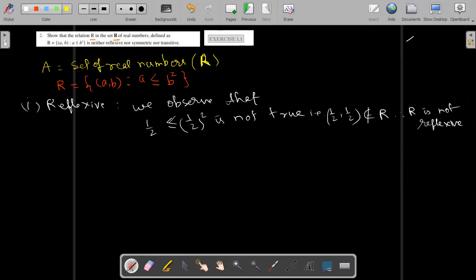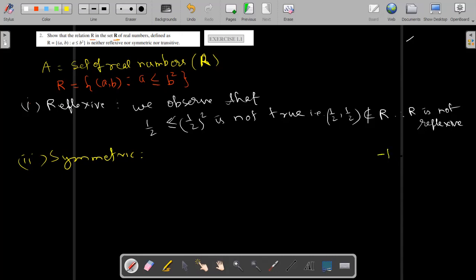Then the second condition is symmetric. For symmetric, again we have to find where we can get the square. If you check a negative number with a positive number, we have to check whether a is less than or equal to b squared, then b must be less than or equal to a squared, which is not possible for a negative number.